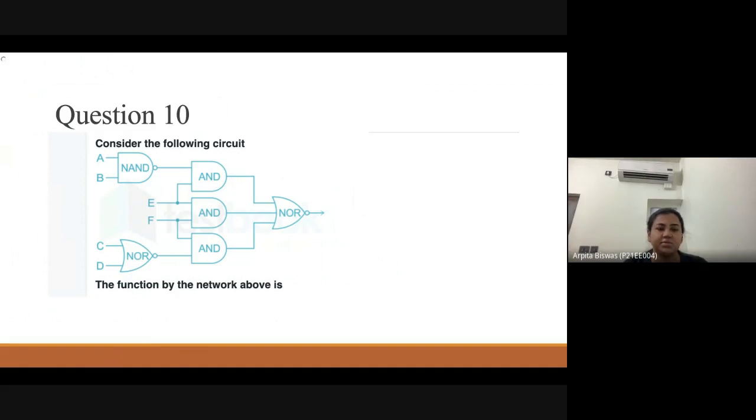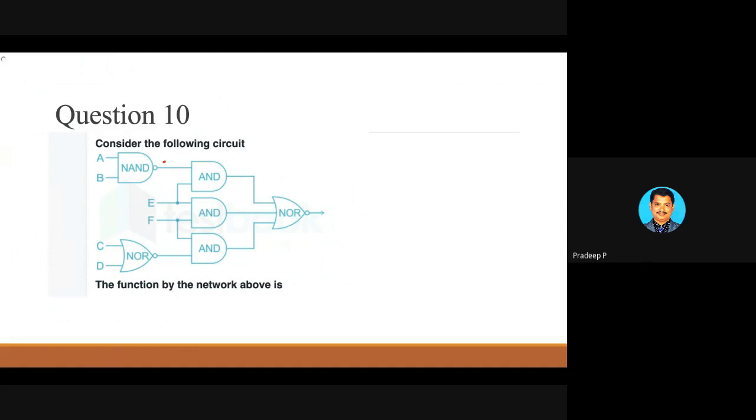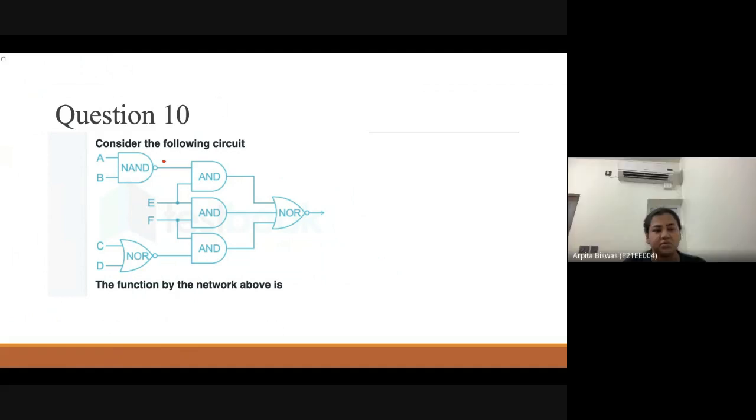Okay. So tell me what is the output here? It is an OR gate, na? No, a NAND gate. What is the output of this NAND gate? A into B bar, right? So from here, E is coming, which is going through the AND gate.